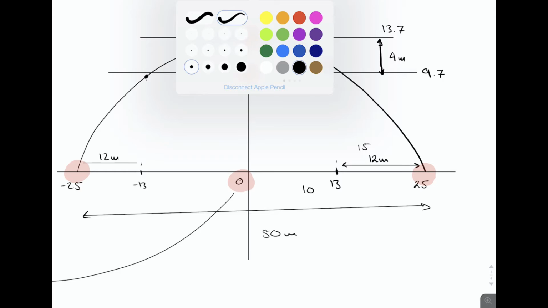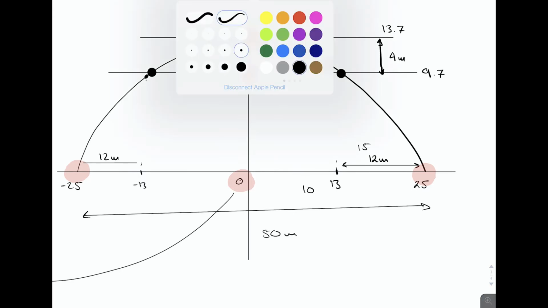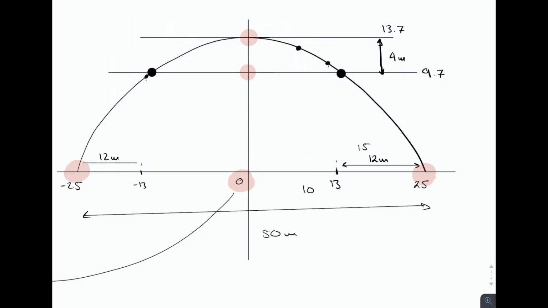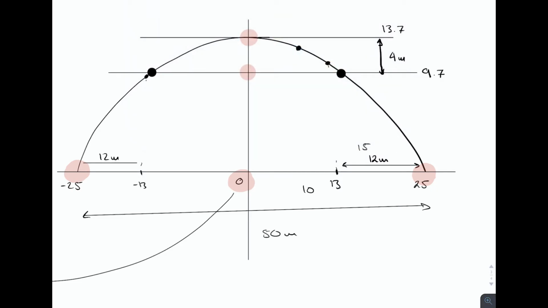And if you look in, it'll happen over here. And over here. Right there. And the question is, how wide is it at this point? So how far am I going to go from here all the way to here?